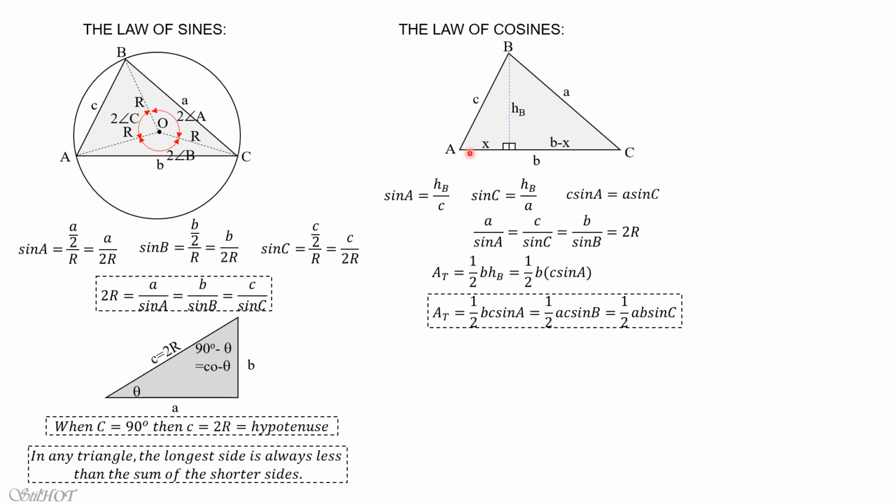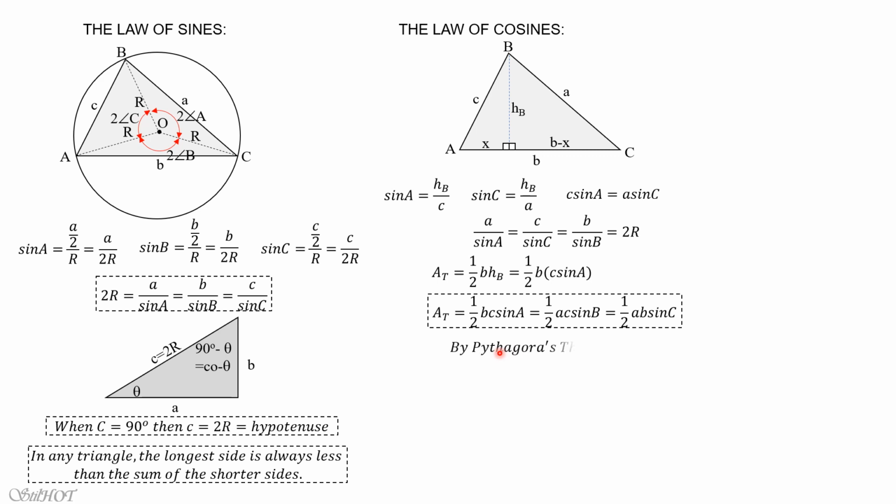For instance, the area is 1/2 b and c, because b and c are adjacent, then sine of the angle between them, which is sine angle A. It is also 1/2 a times c, with the angle B, so 1/2 ac sine angle B. It is also 1/2 ab sine angle C. As simple as that.